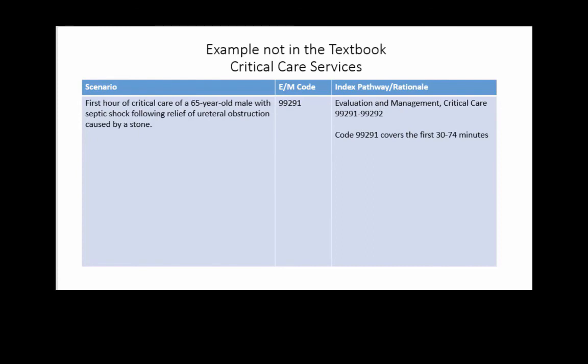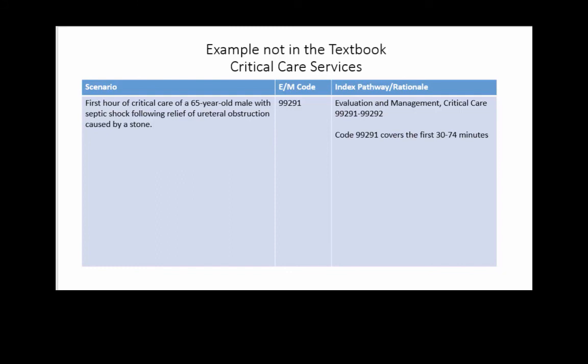And here's an example, not in the textbook, critical care service. You will see this on exams. The first hour of critical care of a 65-year-old male with septic shock following relief of ureteral obstruction caused by a stone. You see, when you go to the evaluation and management, your main term, critical care is your subterm, takes you to that range of code, either 99291 or 99292.